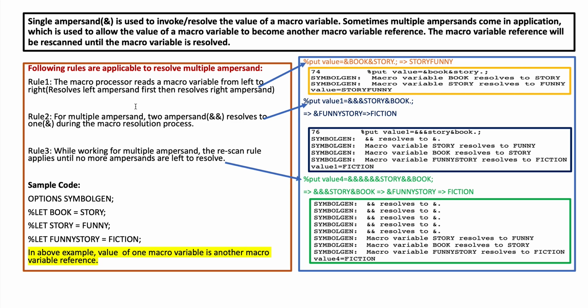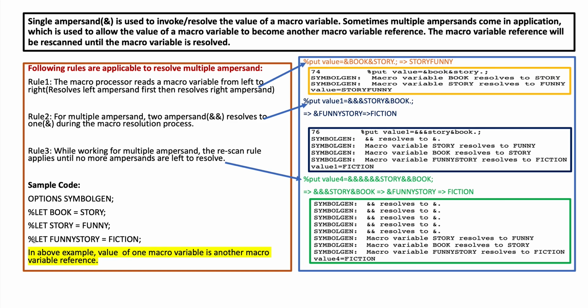Here is an example. We have a simple code here. We use option symbolgen that will print resolved macro information in our log window. We have three macro variables: %let book, its value is story. Next one is %let story and its value is funny.